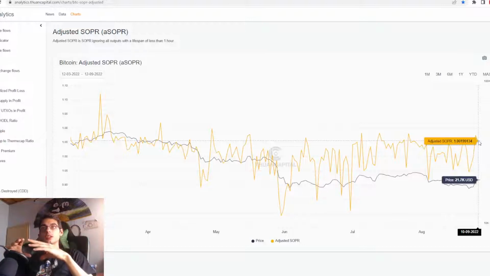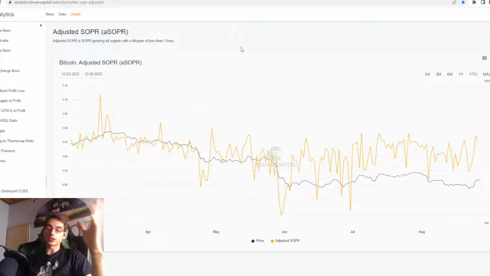I'm watching this chart, and it is adjusted. Obviously, you can adjust a metric for the circulating supply, because if you don't adjust it for the circulating supply, and we'll see in another metric, you can have different values.